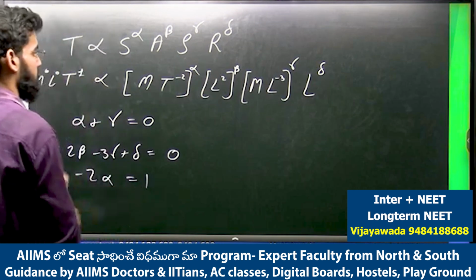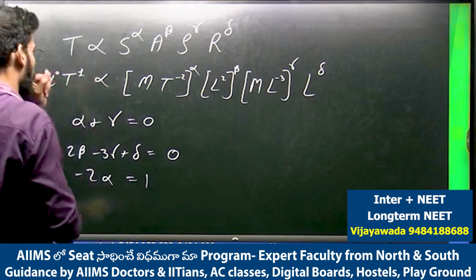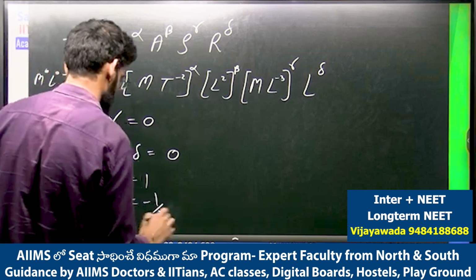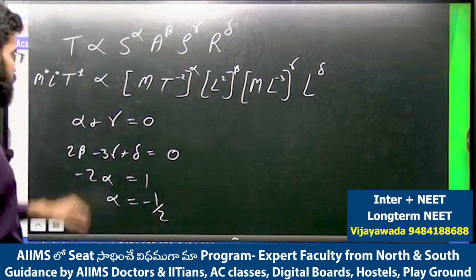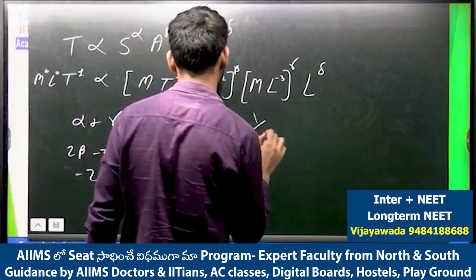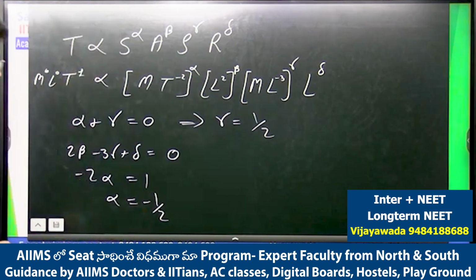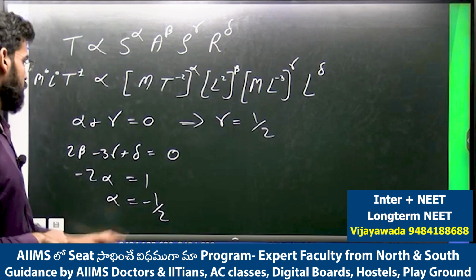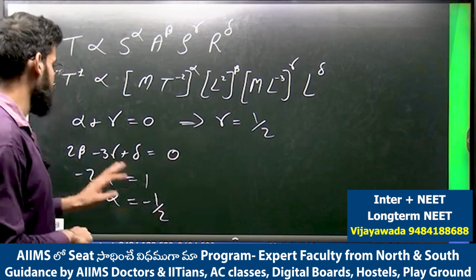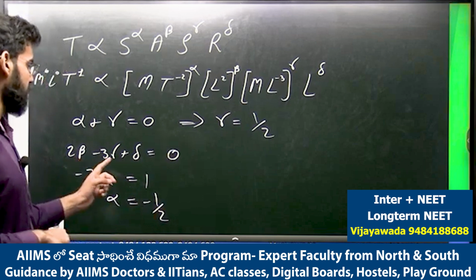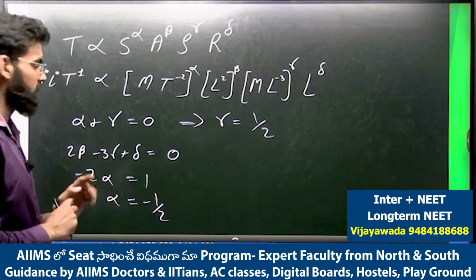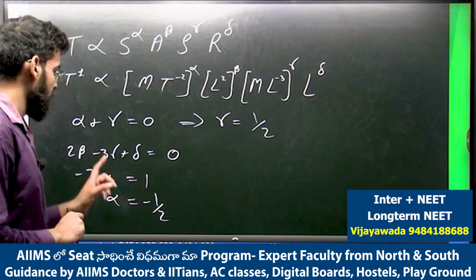So alpha equals minus 1 by 2. Alpha came, put the value here, so gamma came. Gamma is 1 by 2. Gamma is 1 by 2 and alpha is minus 1 by 2. Now by hit and trial, you put the value of beta and delta. Beta and delta will come by hit and trial, by checking the options.